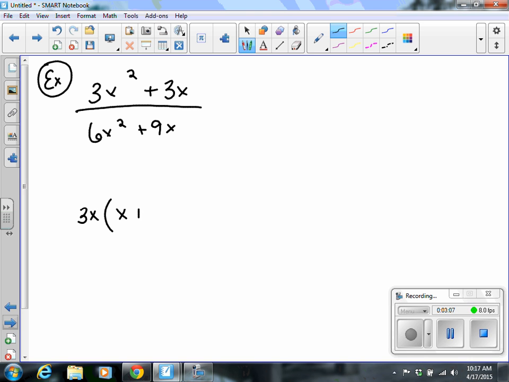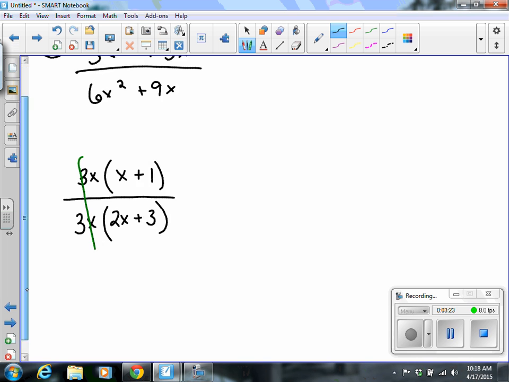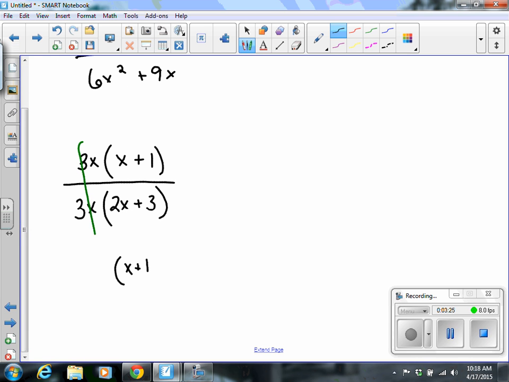I'm left with x plus 1. In the denominator, I have a 3x in common again, and I'm left with 2x plus 3. Looking at this, my parentheses don't cancel out, but the 3x does, and I'm left with x plus 1 over 2x plus 3.